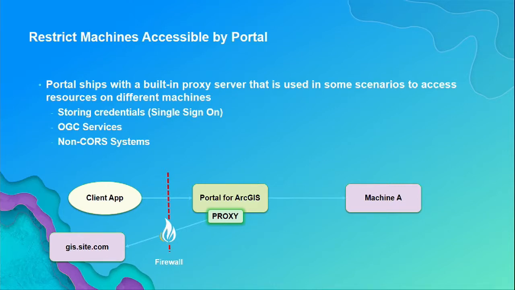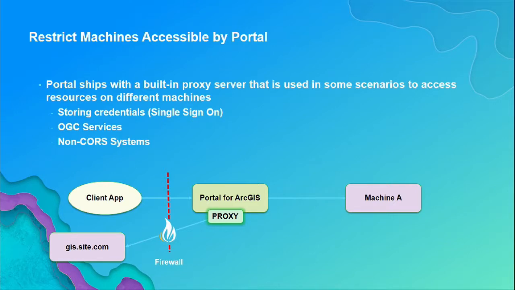Just describing. Okay. So when we're talking about restricting machine access in Portal, Portal uses a number of different proxy calls to get around issues, sometimes related to CORS issues, sometimes related to passing security calls and things like that. So Portal for ArcGIS has a number of different proxies that are running in the background.